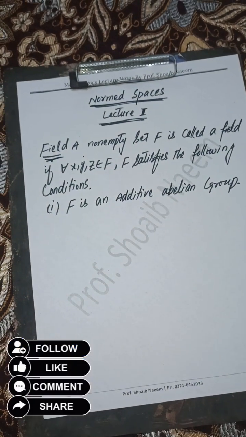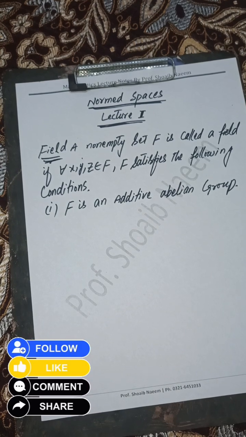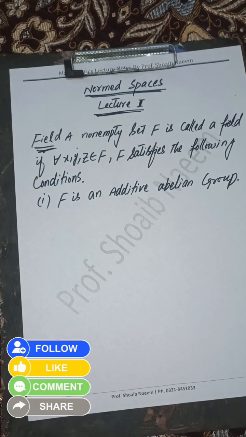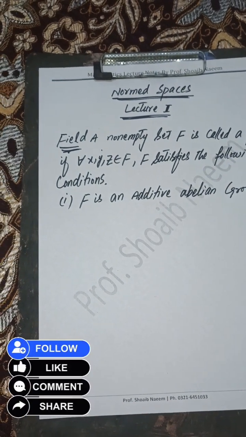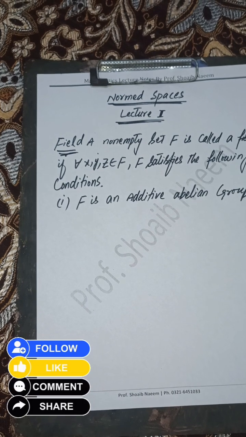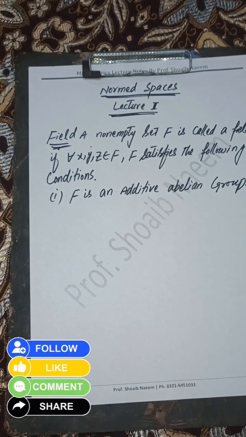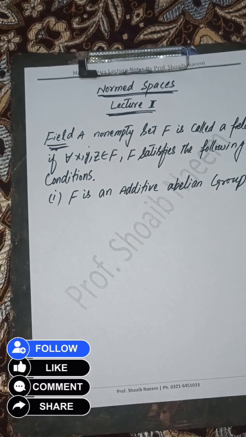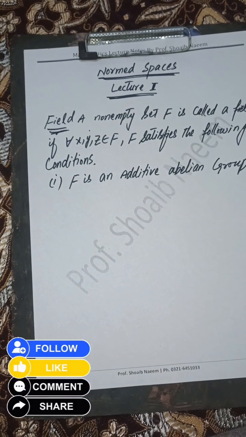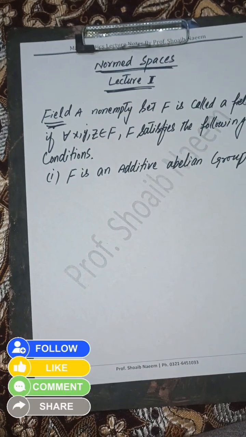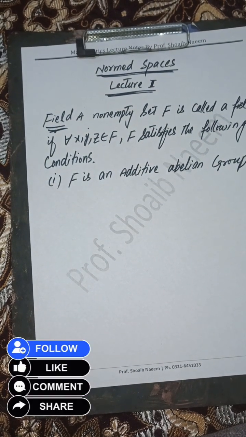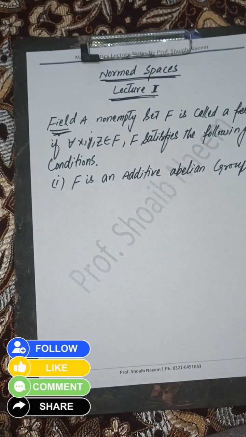Secondly, F is associative with respect to addition. It means all the elements of set F satisfy the associative property with respect to addition. The third one is 0 belongs to F. It means F contains additive identity. The fourth one is every element of F has its additive inverse in F. And the last one is the commutative property with respect to addition holds in F. 5 conditions.